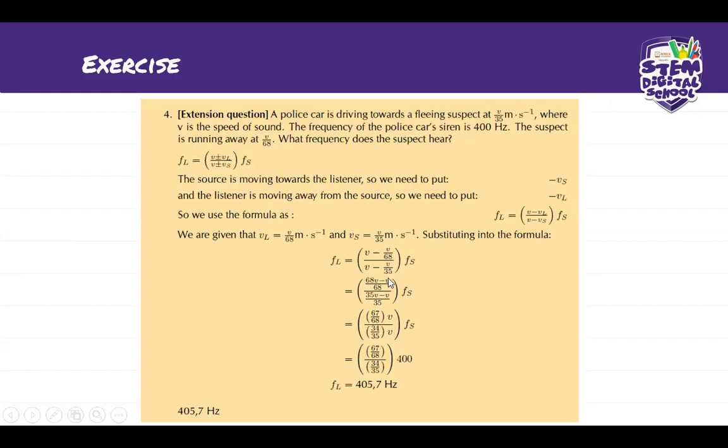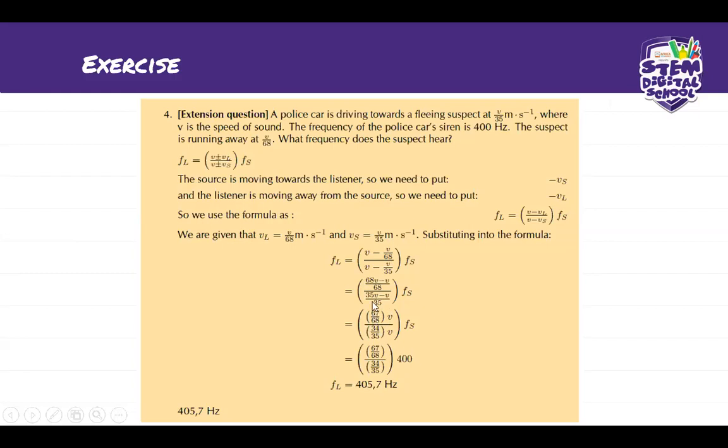So we're going to have V minus V over... 6 is going to go down.